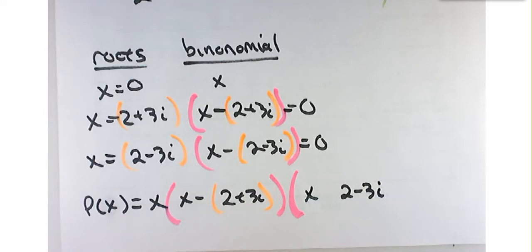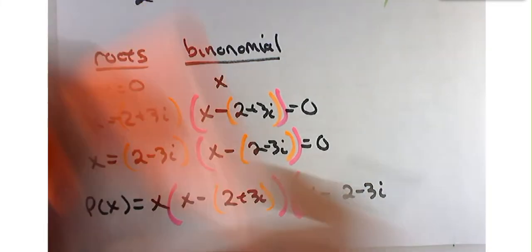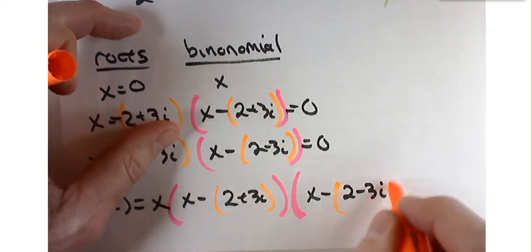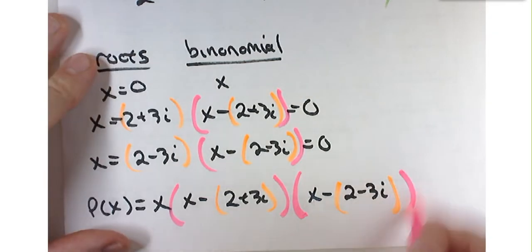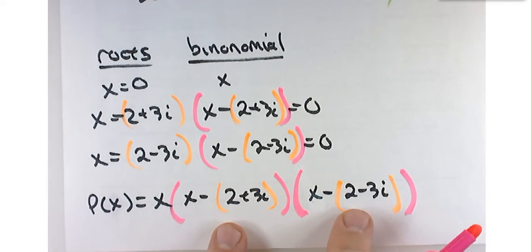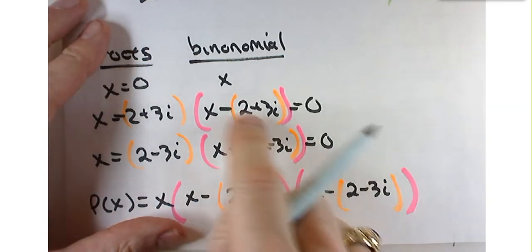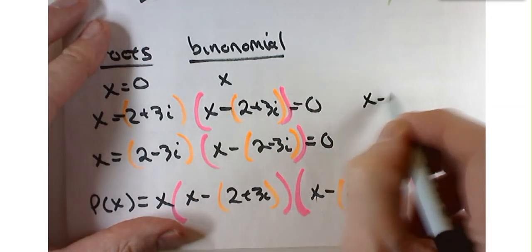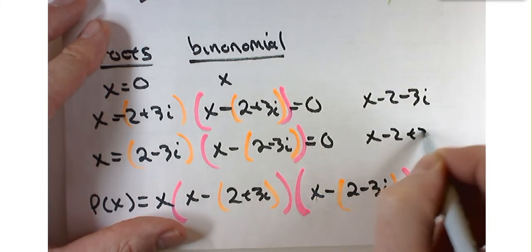Let's put in some proper notation here for us. Starting with a minus here, like that. Now there's nothing wrong with leaving it like this. I actually kind of like that. Some people prefer to do it like this. They'll distribute that negative sign and get x minus 2 minus 3i and x minus 2 plus 3i.